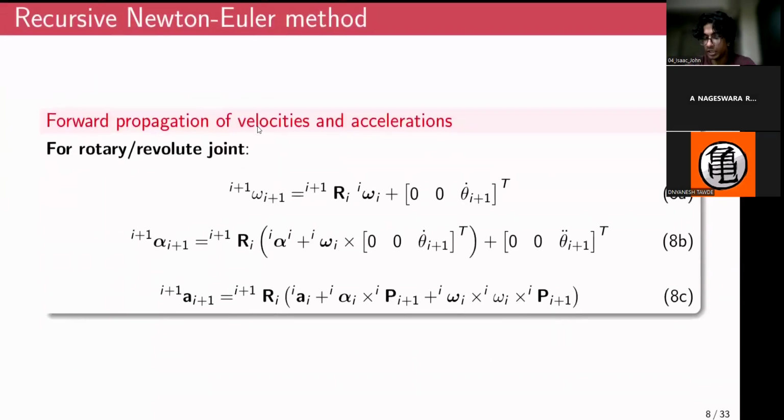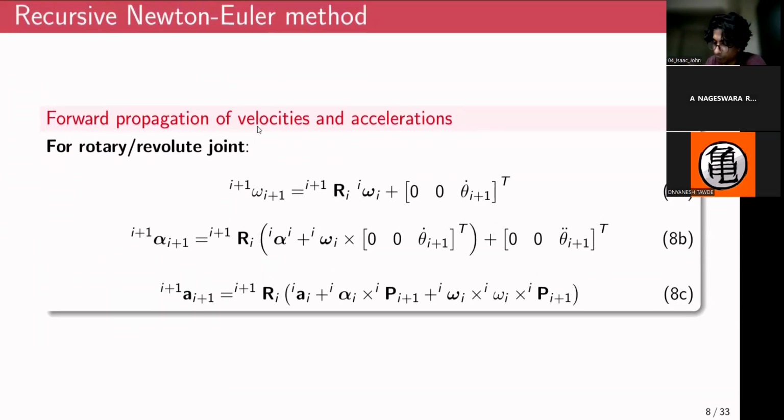So for this recursive algorithm to work, we have to propagate velocities in the forward direction, from the ground all the way to the end effector. That is one propagation. And in the reverse direction, we will have to propagate the forces and moments.